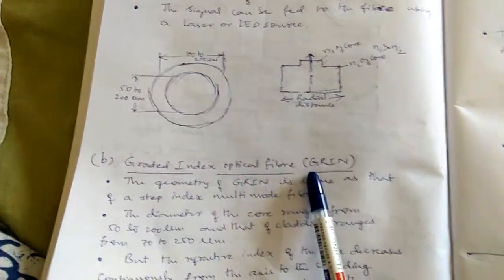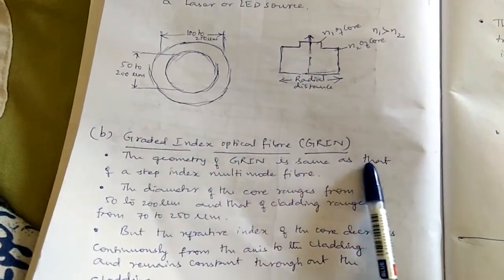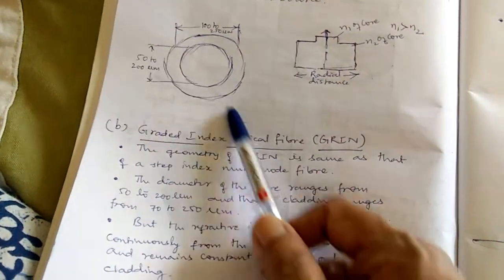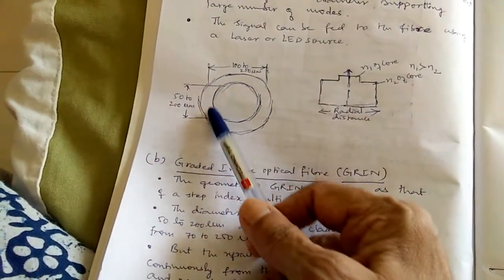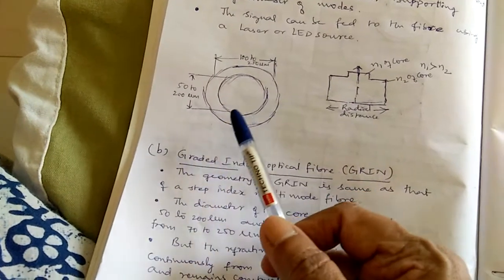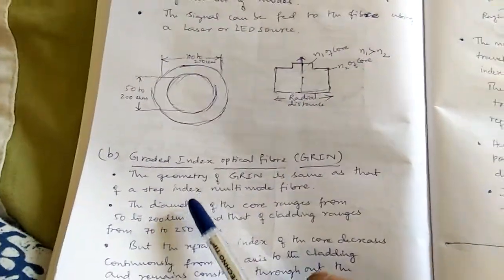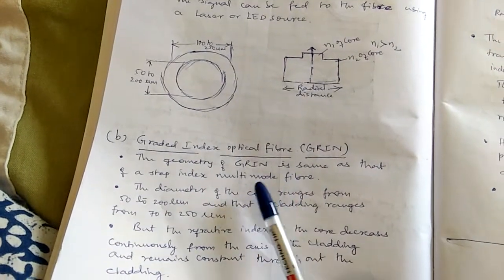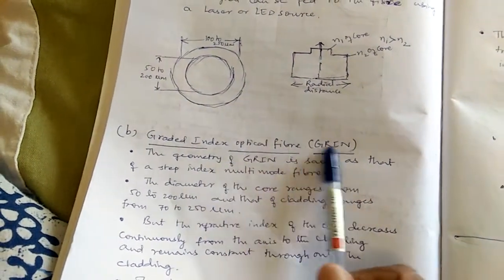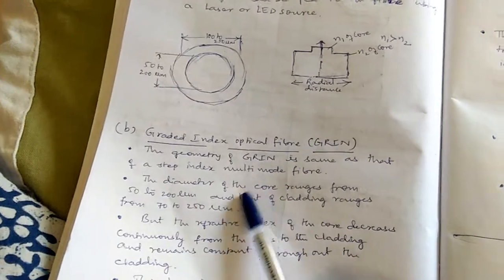Now for graded index optical fiber, the geometry is the same as that of step index multimode fiber. This step index allows both single mode as well as multimode, so you can consider the multimode fiber for the geometry of graded index. It is also known as GRIN.